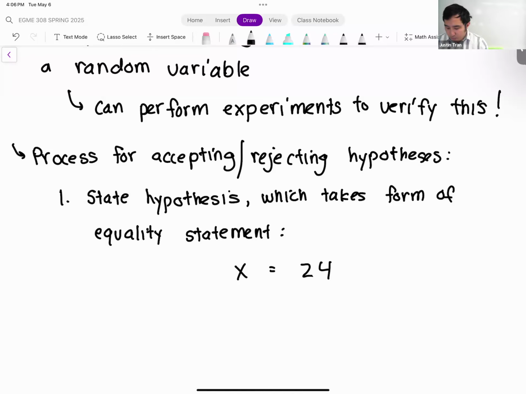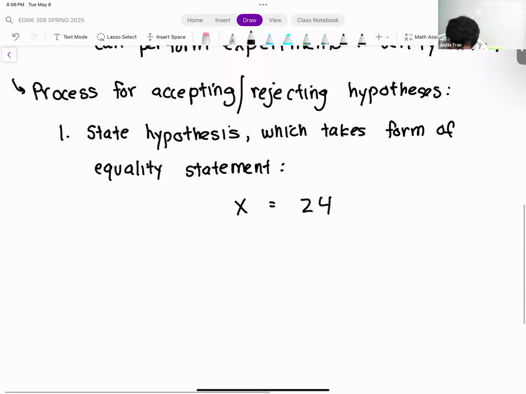Okay. Number two. Probably the most confusing part of this whole thing is to formulate what's called an alternative hypothesis.